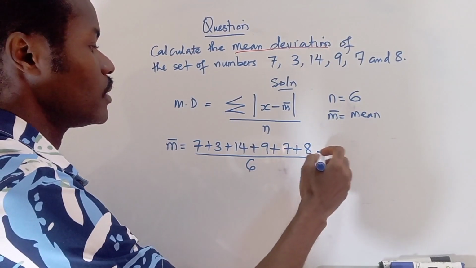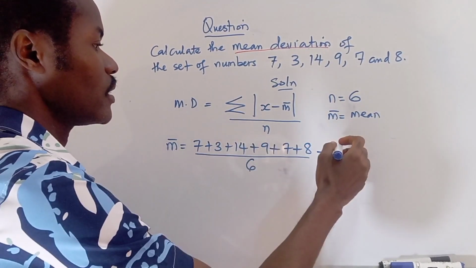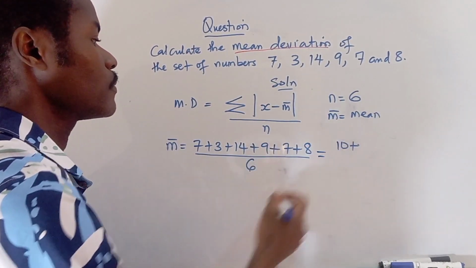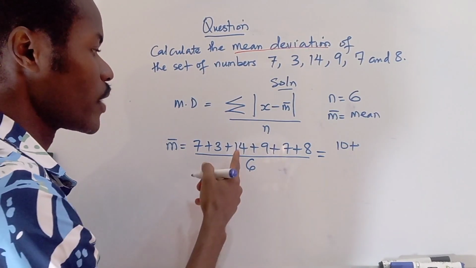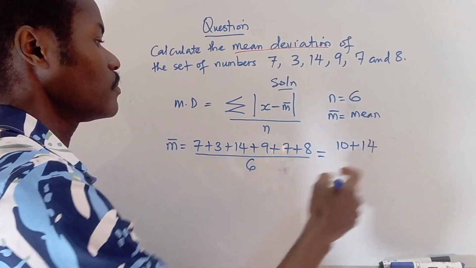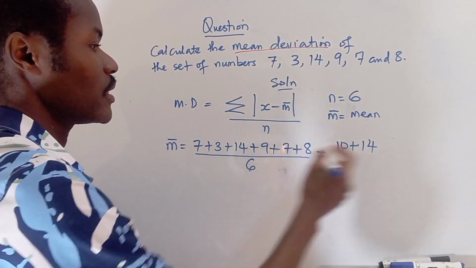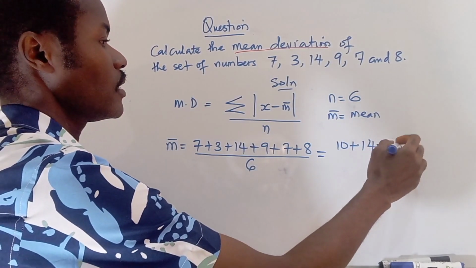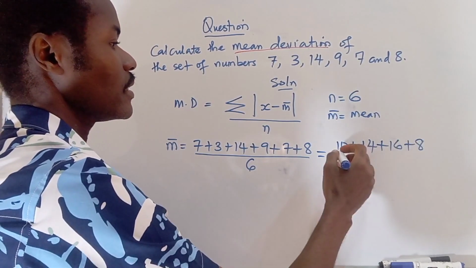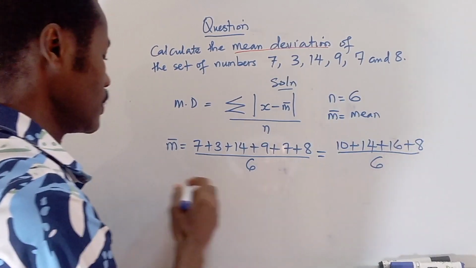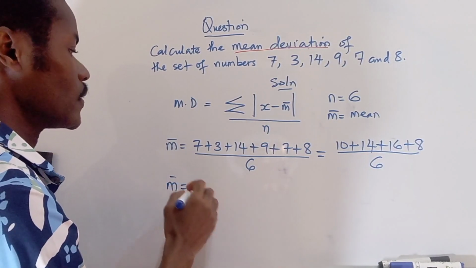Okay, so let's add up the numbers. 7 plus 3 is 10, plus 14, 9 plus 7 is 16, and we have plus 8, divided by 6.